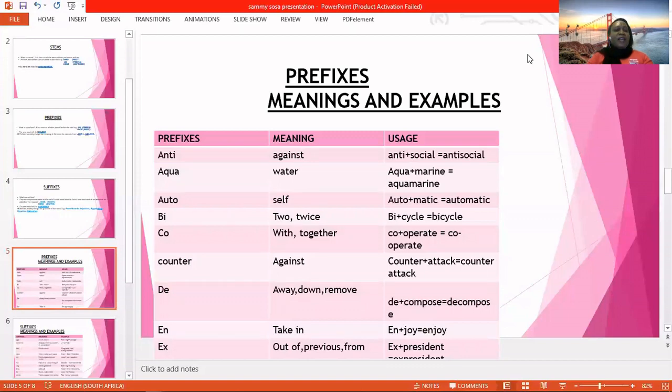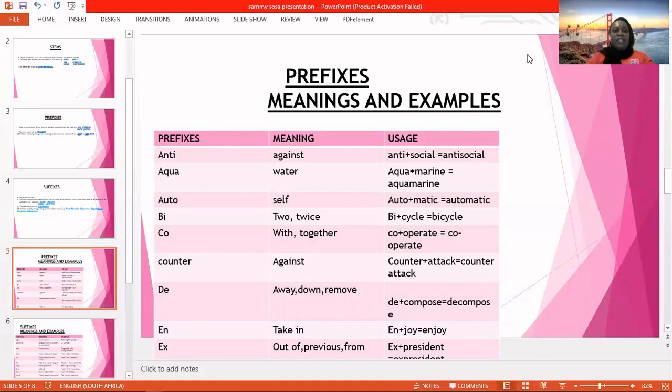You can think of another example. Anti and climax will give us the word anticlimax. That is yet another example. You can write down some more examples, or you can think of some more examples of your own, but you need to know that anti means against.